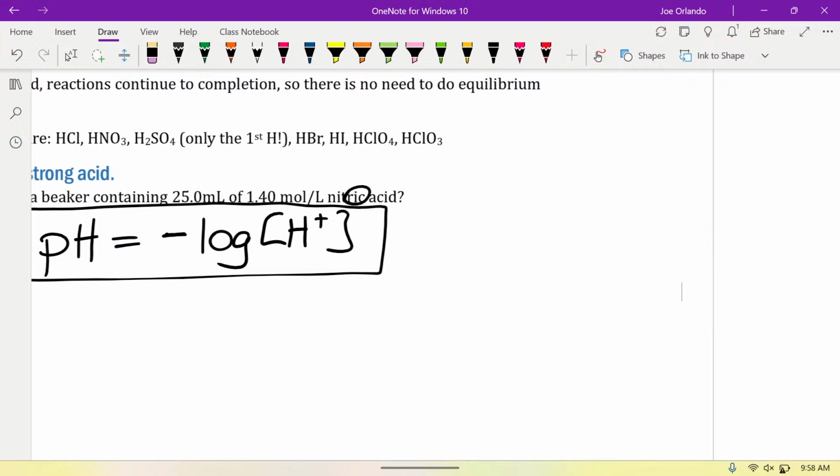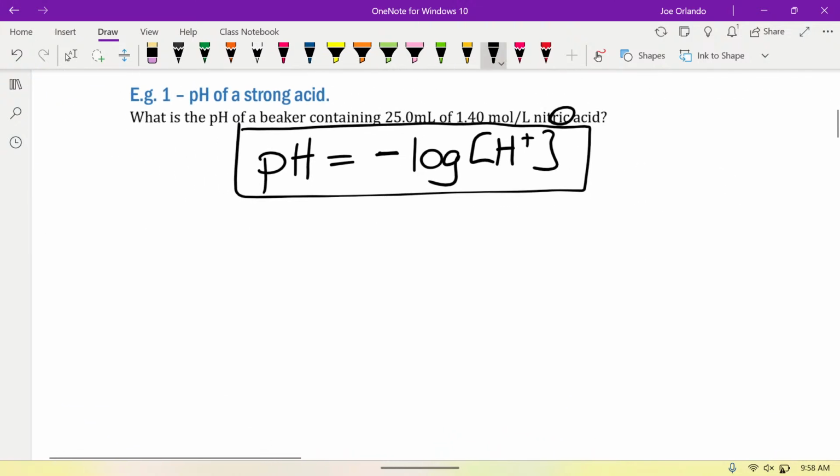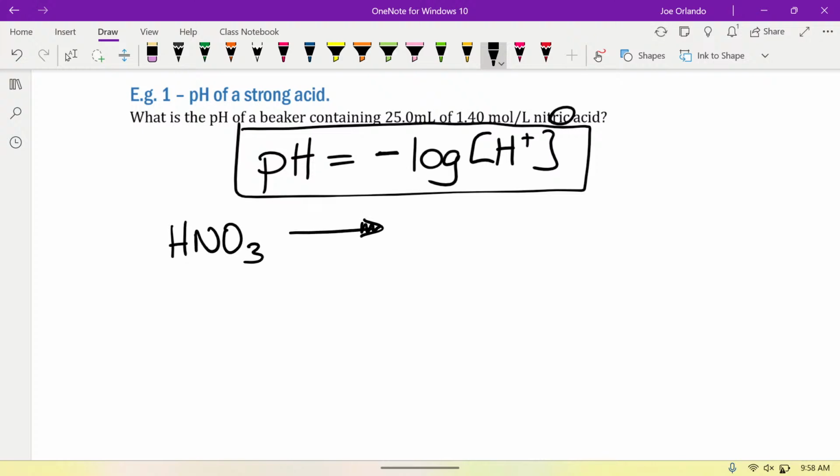Okay. HNO3 is a strong acid. So HNO3 dissolves in water to form H+ ions and the NO3- ion, and this is not an equilibrium.